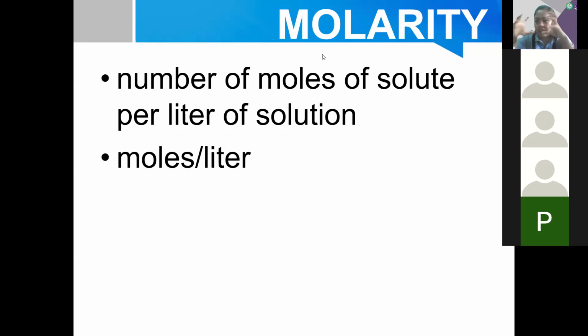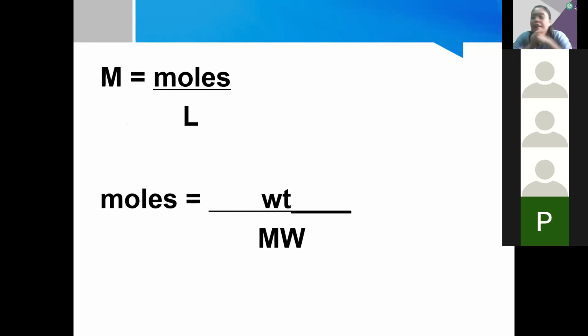And in molarity, we are determining the number of moles of solute being dissolved in a liter of solution. Therefore, the formula for our molarity is capital letter M is equal to moles of the solute divided by liters of solution.